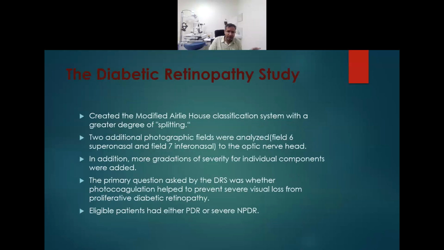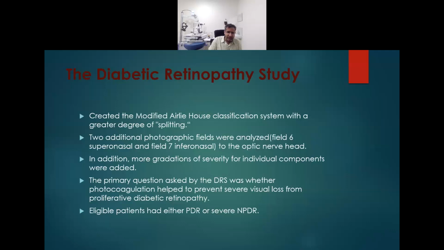Nobody was happy. So the next classification which came after the Airlie House classification was the DRS classification, that is, the Diabetic Retinopathy Study classification. It was a modified Airlie House classification system with a greater degree of splitting. Two additional photographic fields were analyzed, fields 6 and 7, which were supranasal and inferonasal to the optic nerve head respectively.